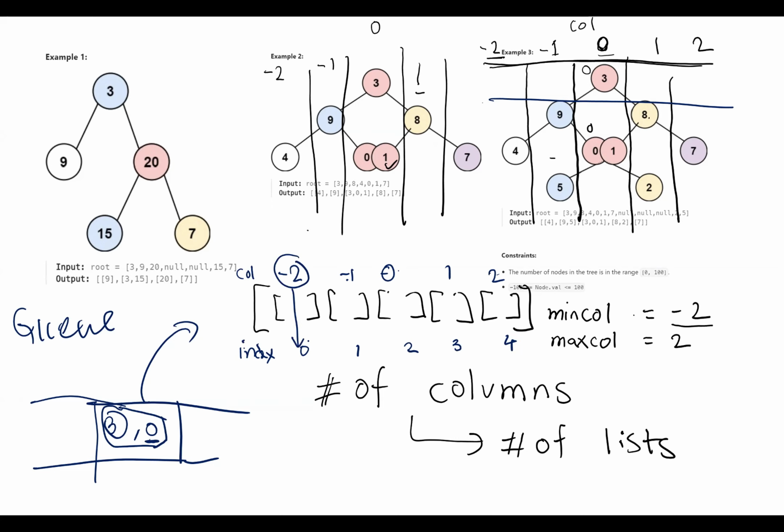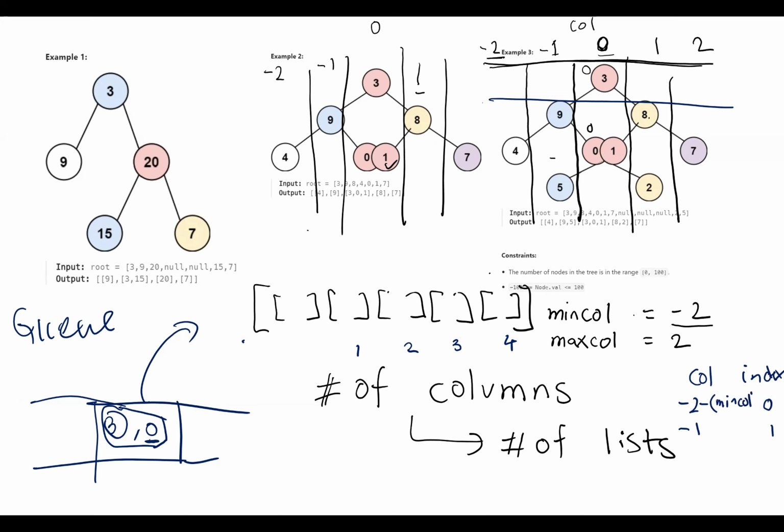So let's make a mapping. If this is the column and this is the index, column -2 is index 0, -1 is index 1. So is it column minus min column, right?